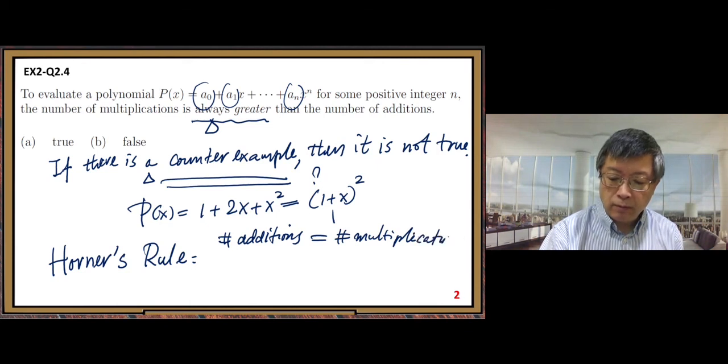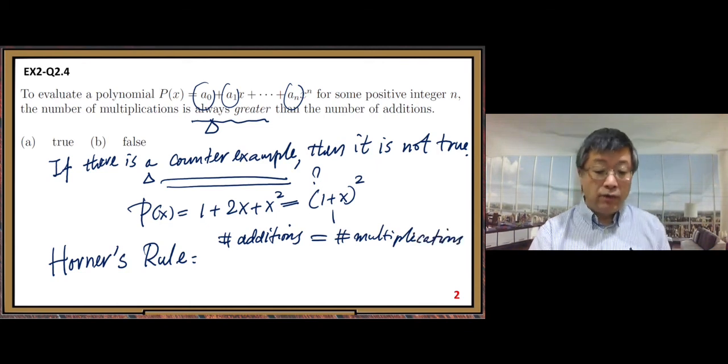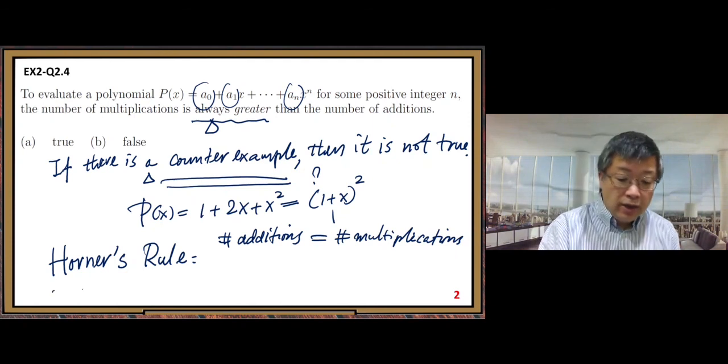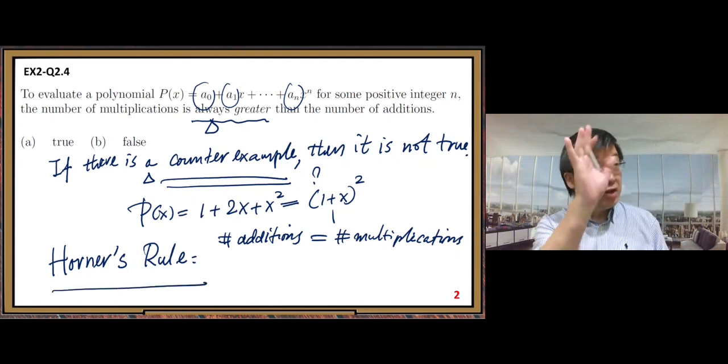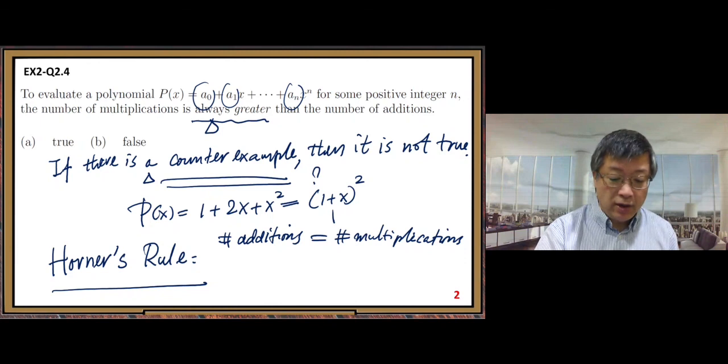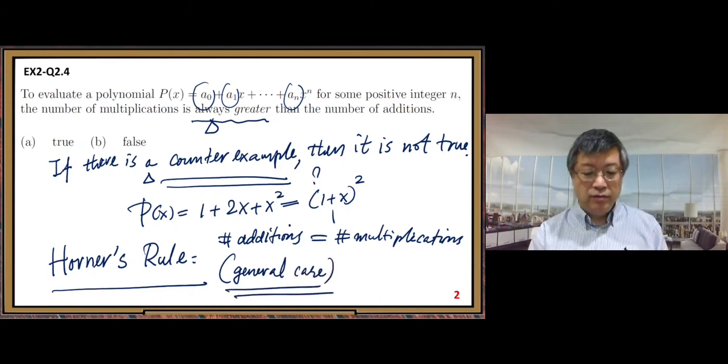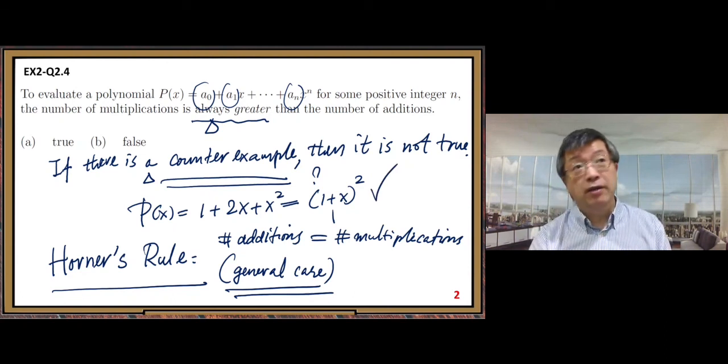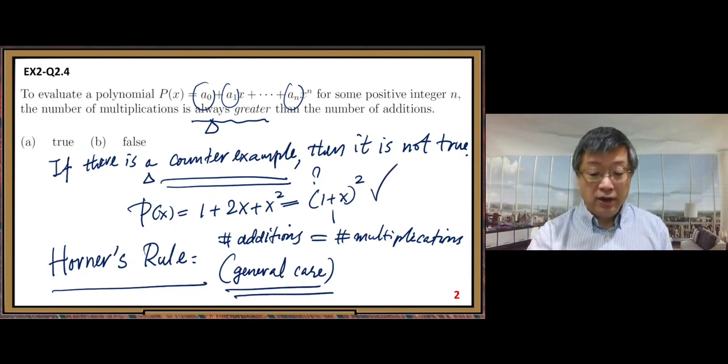Multiplications, not greater. Even if we do not consider the special case, because Horner's rule is for the general case. No need to consider a special case, but a special case is also okay. That logic is fine.